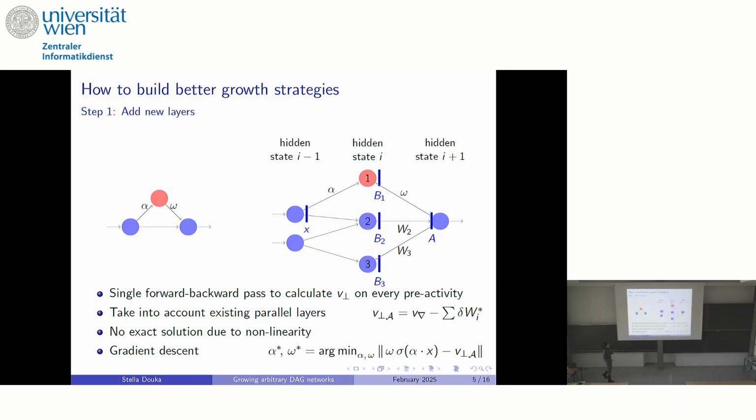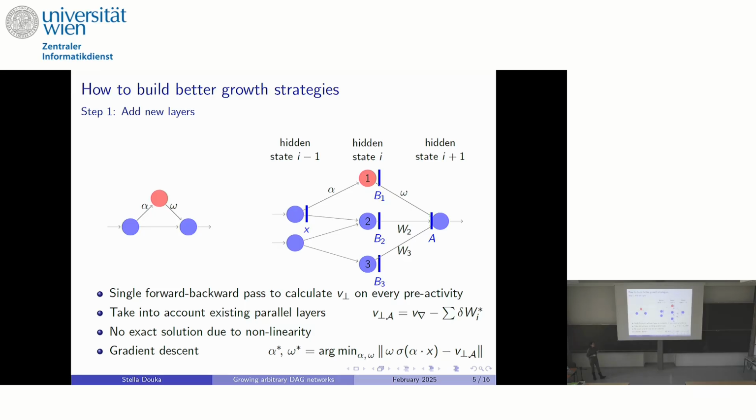So we need to solve this function, minimizing the output of these neurons with respect to the bottleneck we calculated. You see here that the nonlinearity still appears, so we solve this with gradient descent in order to find the best alpha and omega for the new layers to add here. So these are the 2 key differences that we experience when we create networks like this.